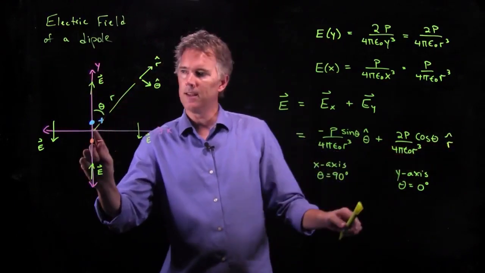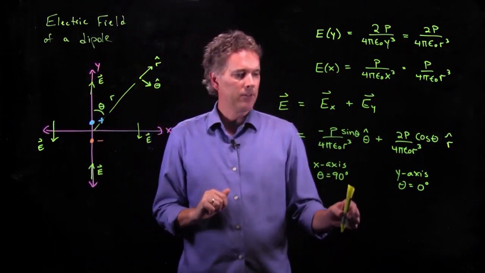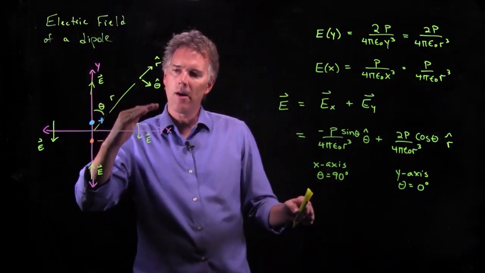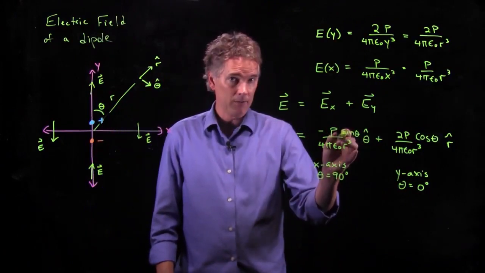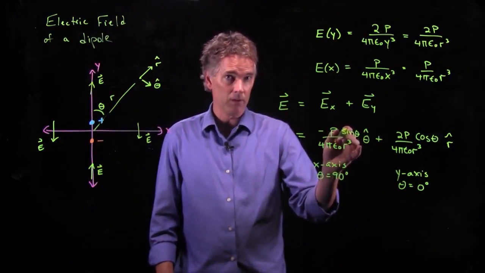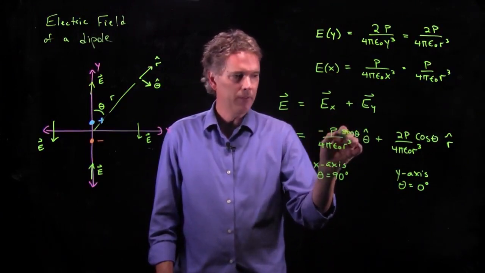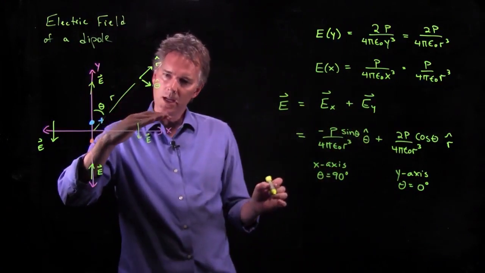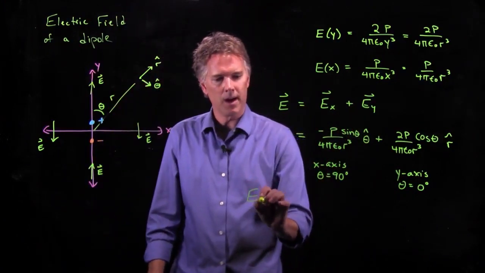And what's the direction? It's r hat, away from the origin. Good. As I go to 90 degrees, now I'm down here on the x-axis. I'm going to keep sine of 90 degrees, because sine of 90 degrees is 1. And that means I'm in the negative theta hat direction, which is pointing down. Okay, so this does in fact work out.